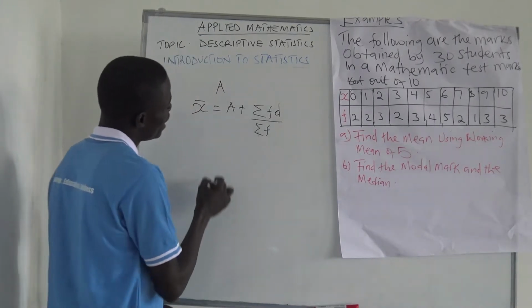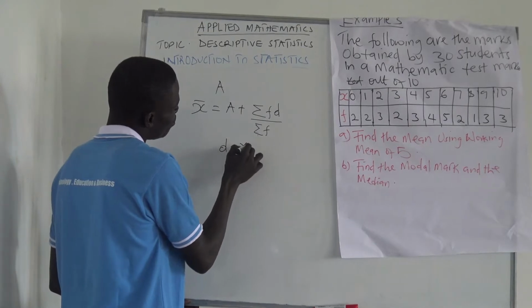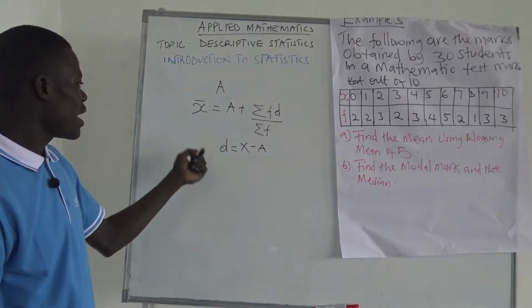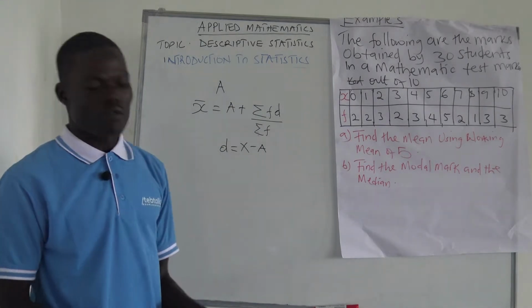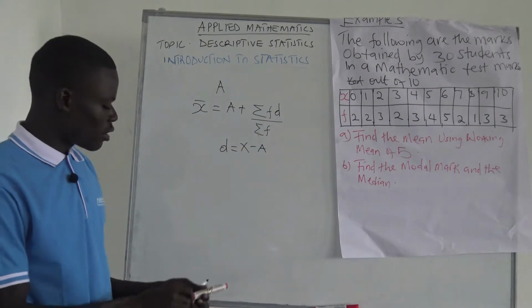That's what we said. And d is got by x minus the assumed mean. You then sum the values of fd.